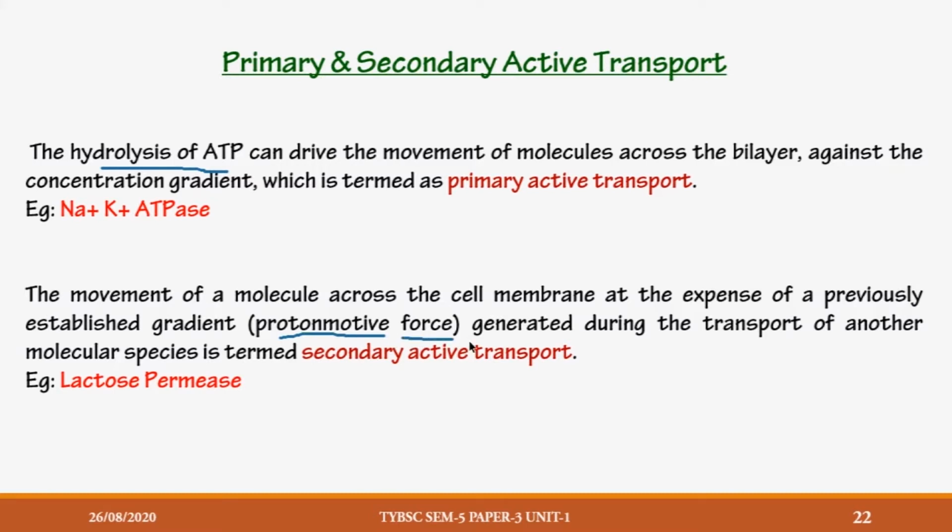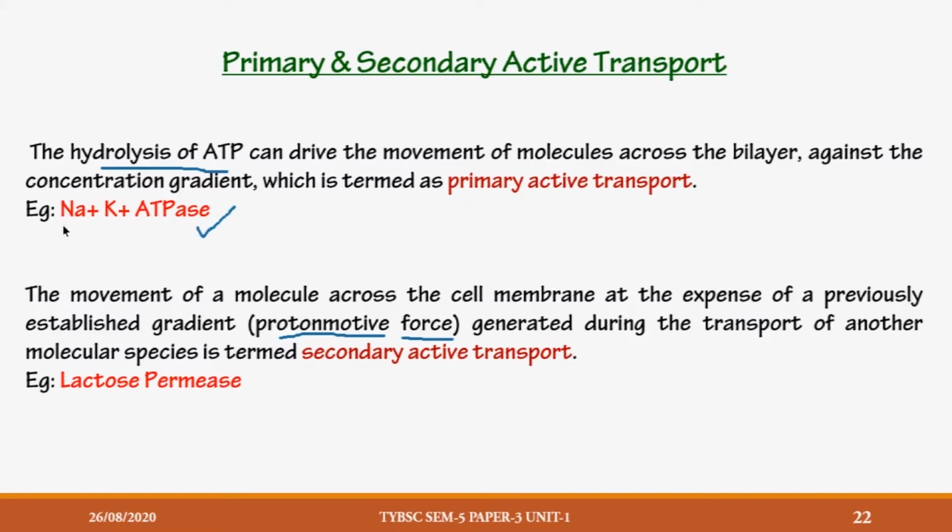While in case of secondary active transport, we have a proton motive force, and this proton motive force is developed on the membrane surface because of a previous transport, and most likely the previous transport is a primary active transport. Fine. And we have examples of these two transport systems.